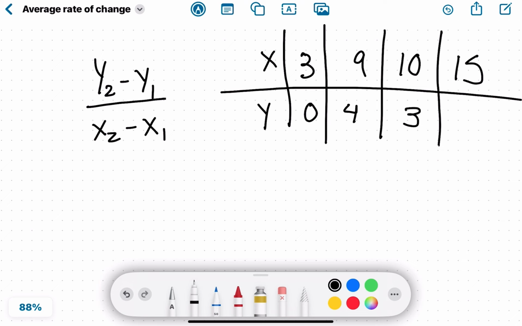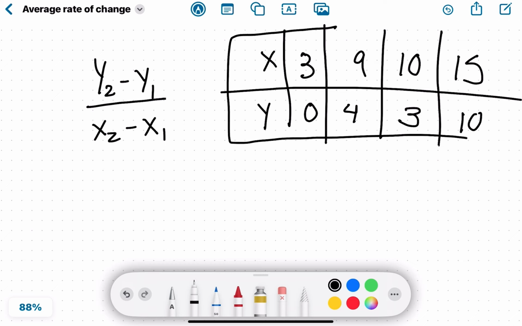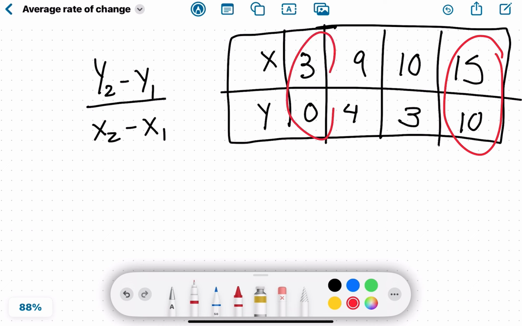Okay, what is the average rate of change of this table? Now, same thing. What are the two pairs we're going to use? Latest and earliest. Write them out.